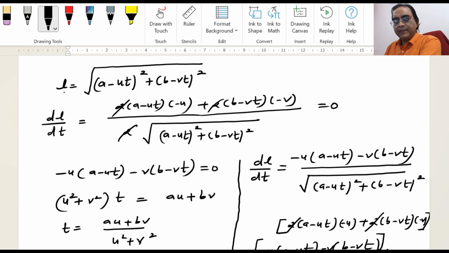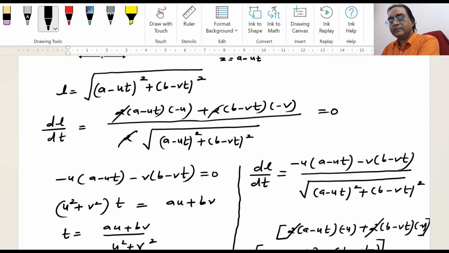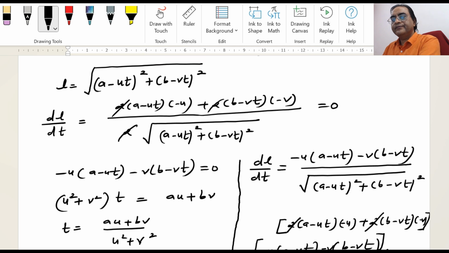So here we have L, and this t we need to put here to find L minimum. So let's create some space here.